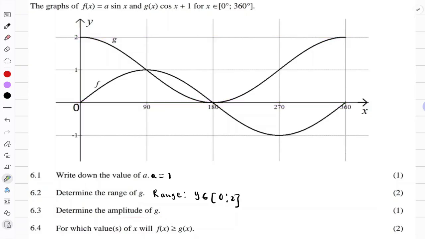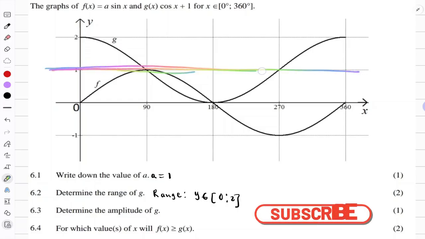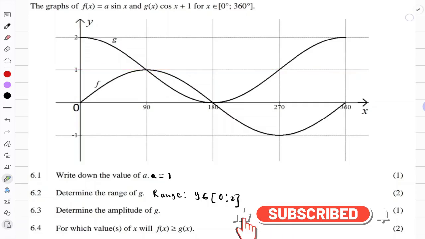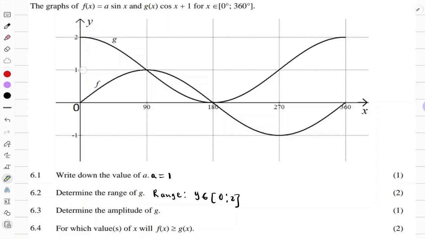So the next question says determine the amplitude of g. When analyzing the graph of g, we can see that this here is the center line for g. Because for a standard cosine graph, this is what your graph would look like.